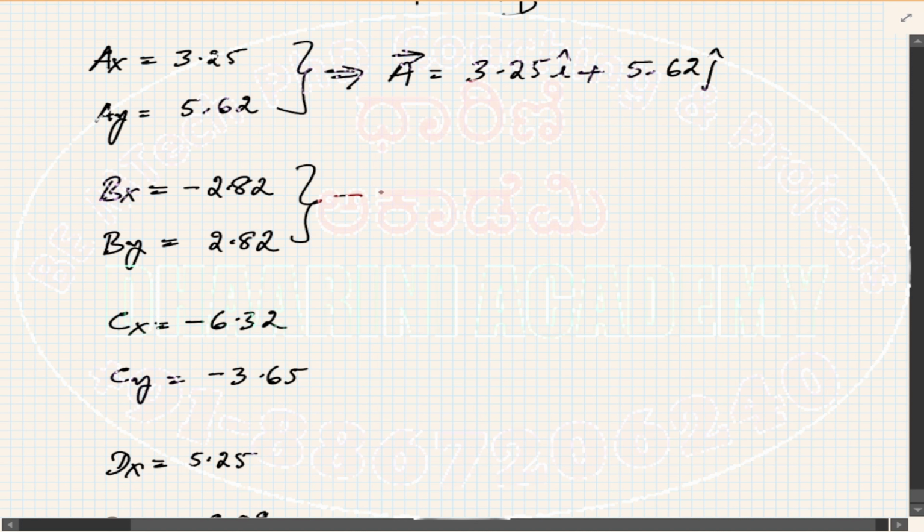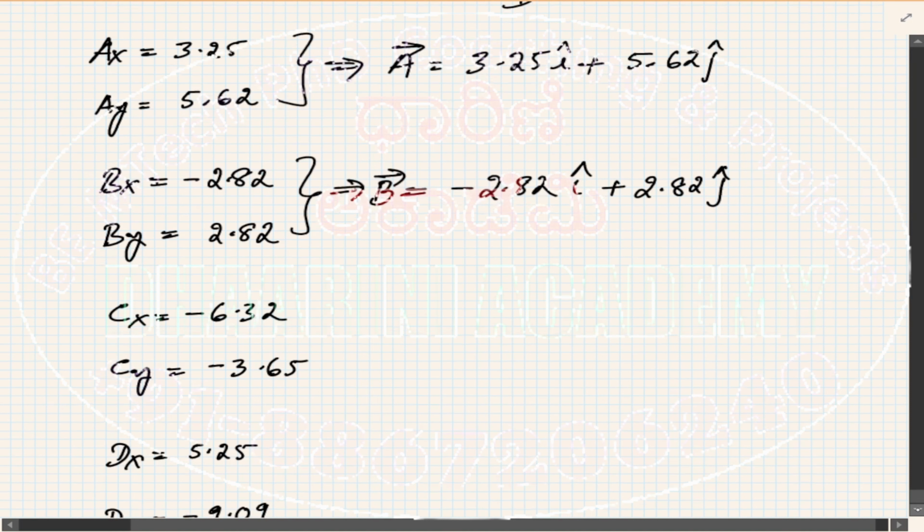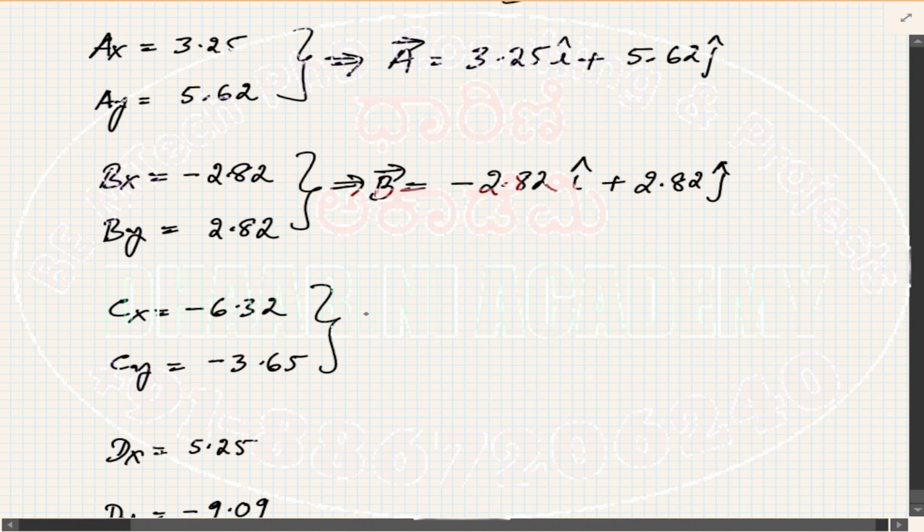Similarly, you can write the equation of B as whatever is the x component into i, that is minus 2.82, including the sign. So minus 2.82 i cap plus 2.82 j cap. Now vector C is equal to minus 6.32 i cap minus 3.65 j cap.